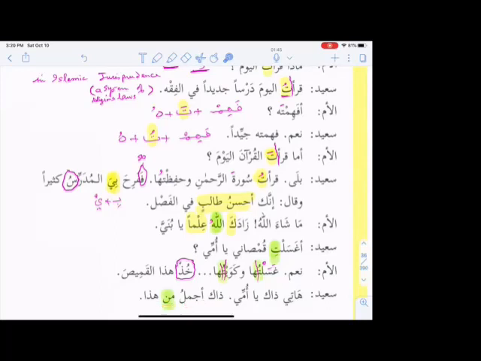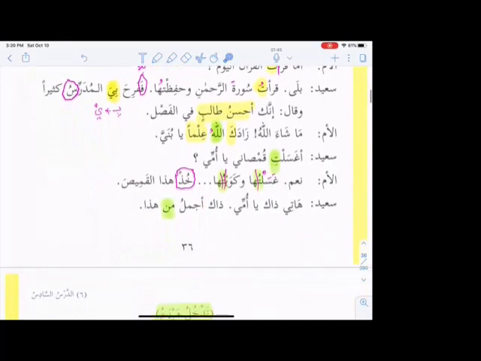Now here ajmalu is a superlative degree, but min came, so then min made it comparative degree. You know, zaka means zalika is better than this. Better than this.